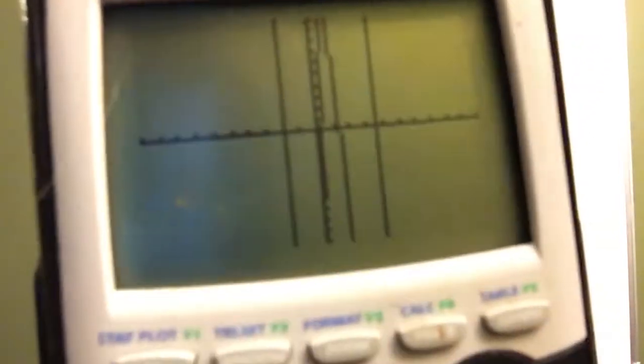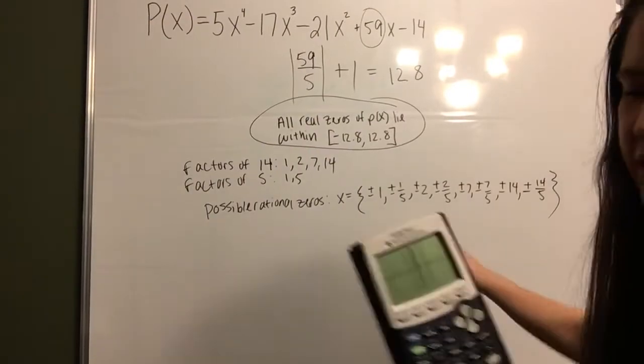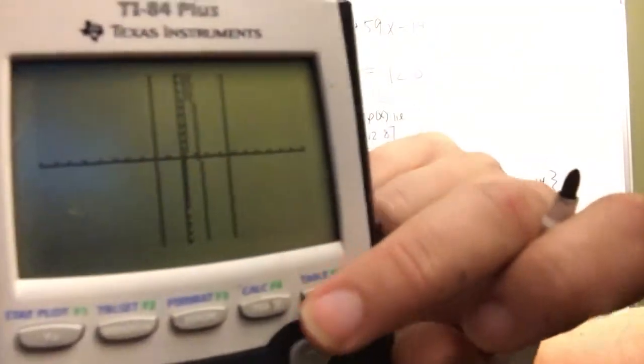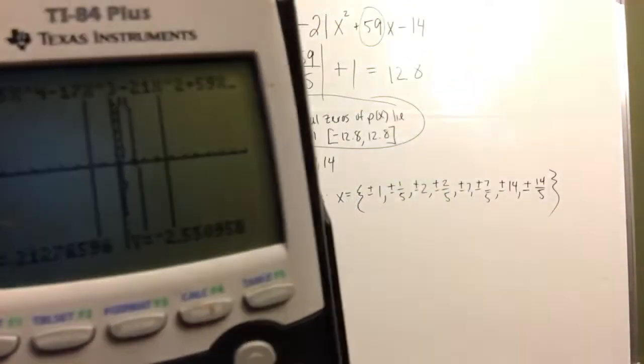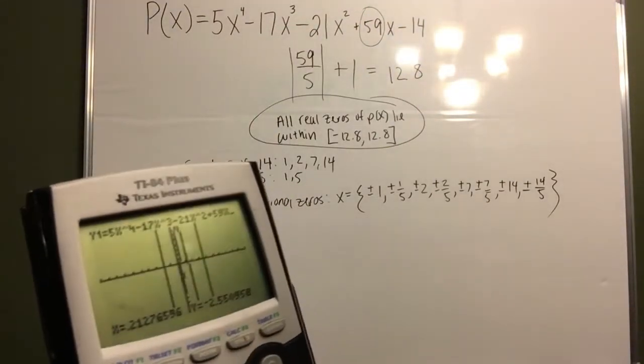Now what I'm gonna do is try to figure out, you can kind of look at the graph and guess where the graph is crossing the x-axis, and then you wanna choose from your list of numbers here. But you wanna make sure you hit trace first. So hit the trace button right here. And then you can type in potential answers, right?